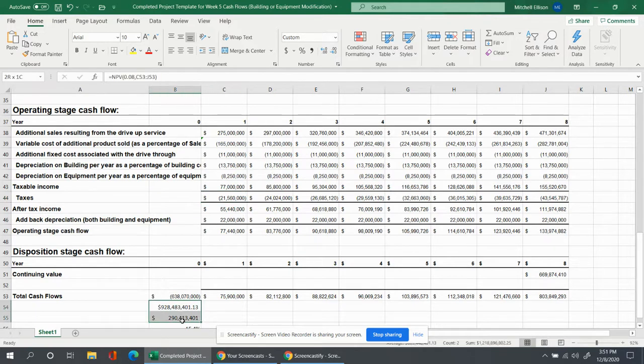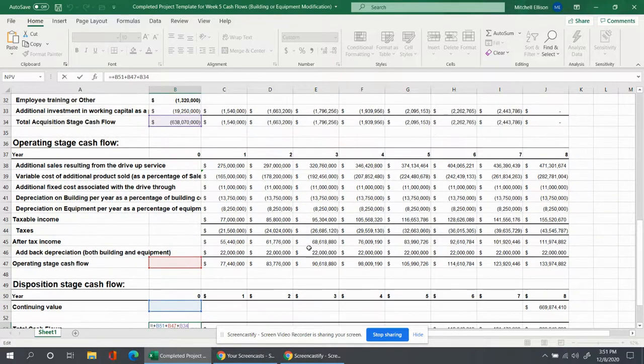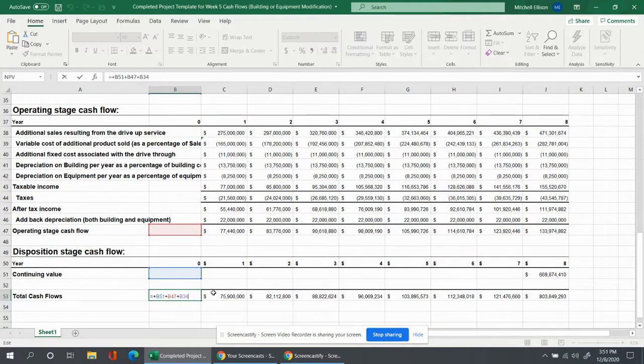And oops, I shouldn't be showing you those net present values and stuff like that. But when you total all of these, in other words, your disposition or continuing value, your operating stage, and your acquisition stage, when you total those, you get $638 million out as an initial outlay into this project.